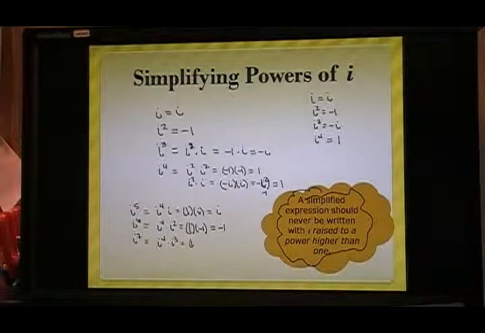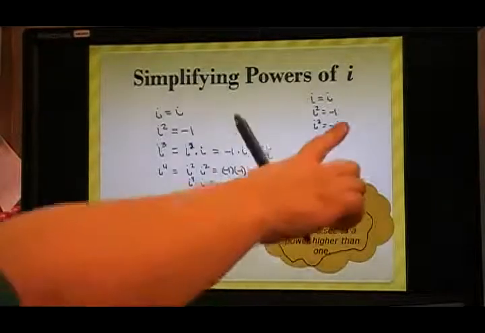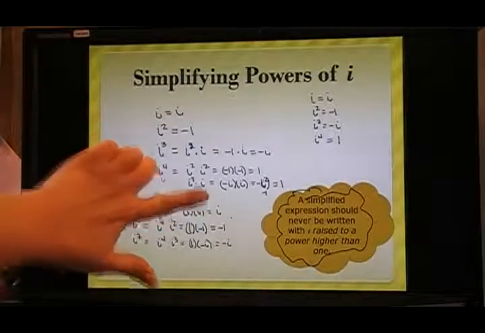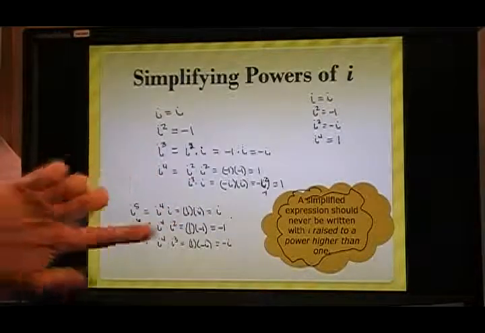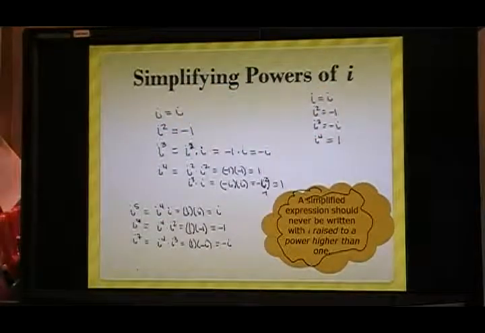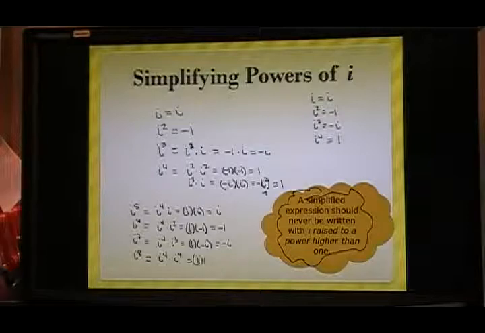So that would be 1 times i to the third, which is -i. And I don't know if you're noticing, but as we keep going, we're repeating this pattern that we've already developed. i to the 8th is i to the 4th times i to the 4th, or 1 times 1, which is 1.